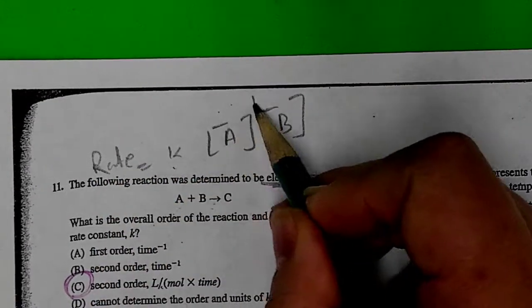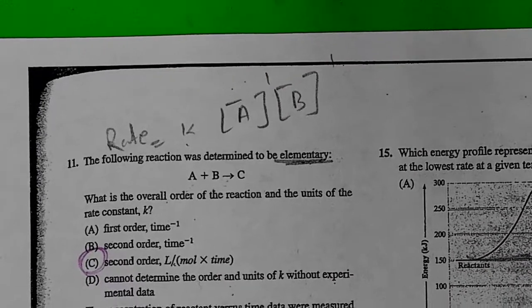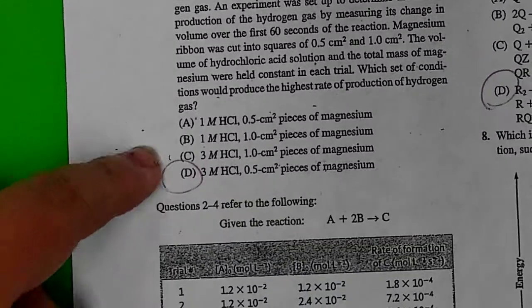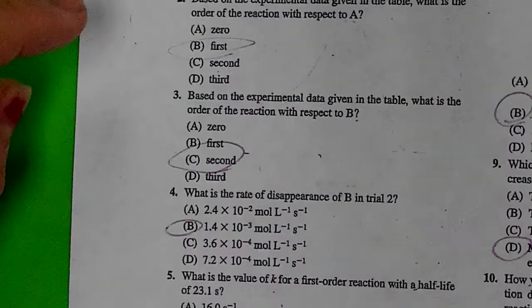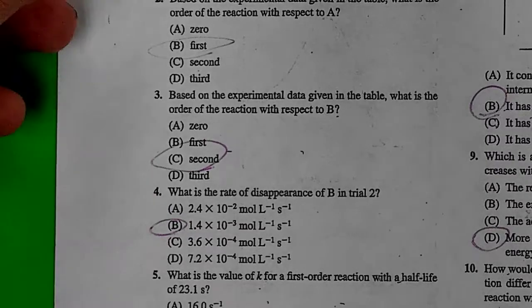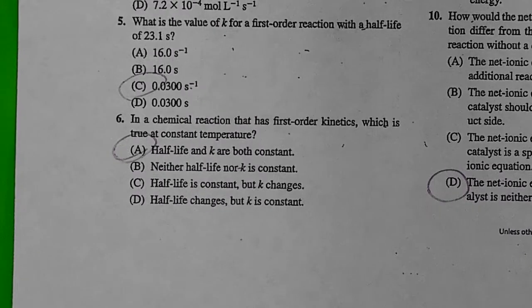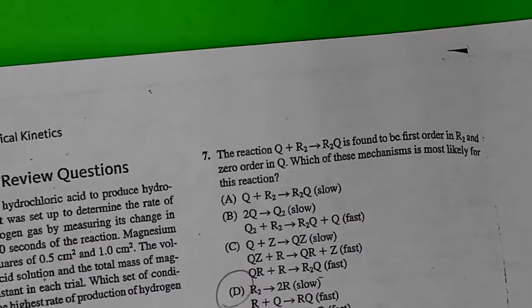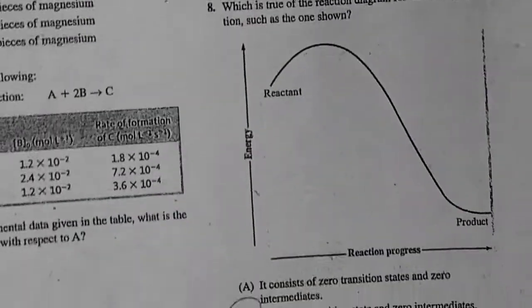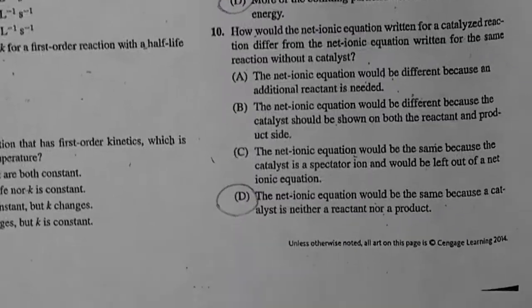So that's first order added together, second order. Okay? All right, let's look at the first page really quick. 1 is D, 2 is B, 3 C, 4 is B, 5 is C, 6 is A, 7 D, 8 is B, 9 is D, and 10 is also D.